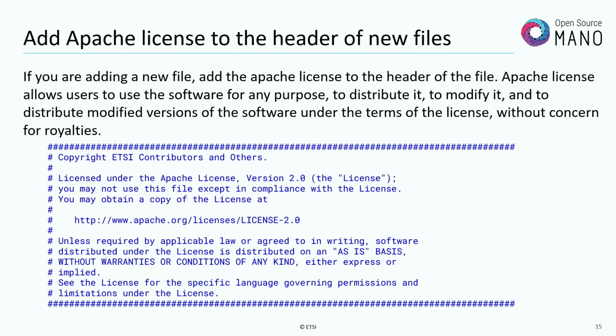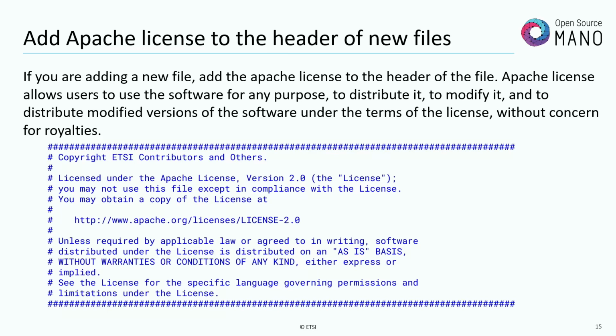Contribute your change. We test locally. We run end-to-end robot tests. They are all passed. Are we ready? Not yet. We need to add the Apache license to the header of all the new files.